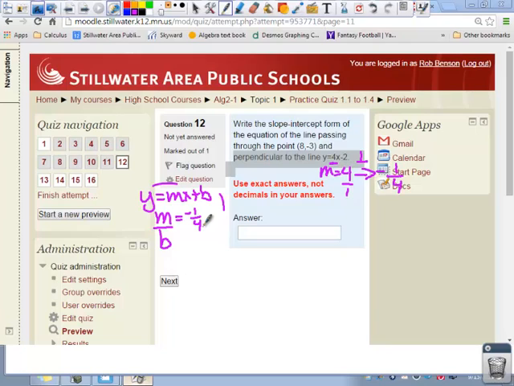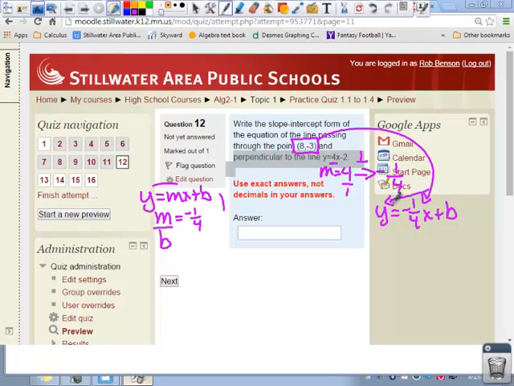Now, we know this new equation that we're going to write goes through this point. So I'm going to take this equation with the negative 1/4 in it, y equals negative 1/4 x plus b, and plug this point in for the x and the y.